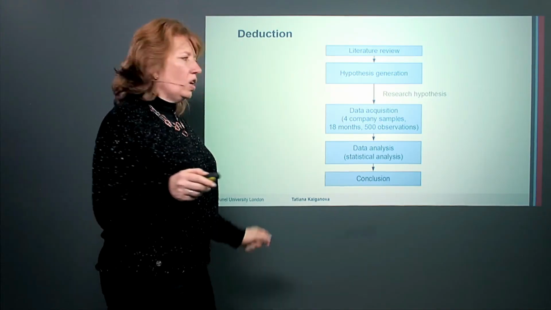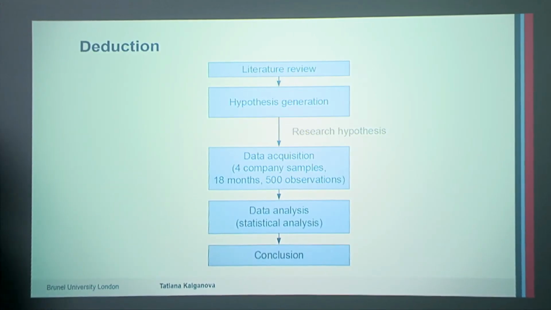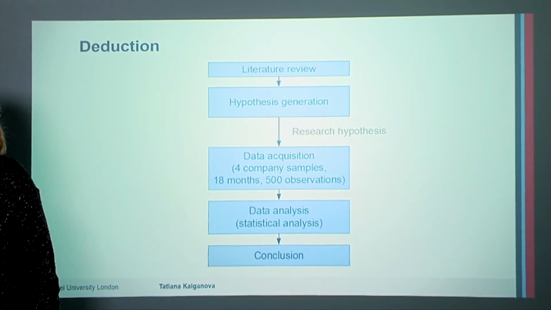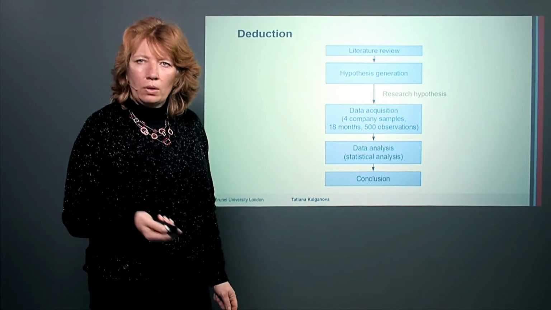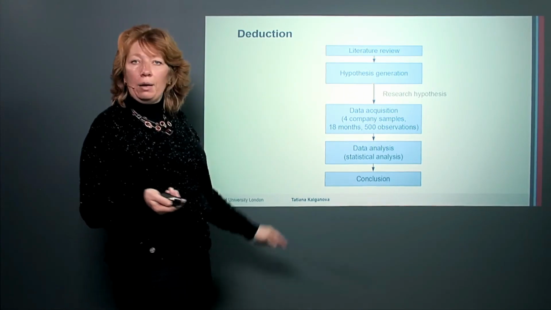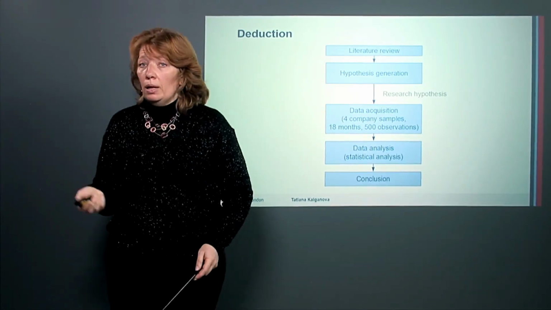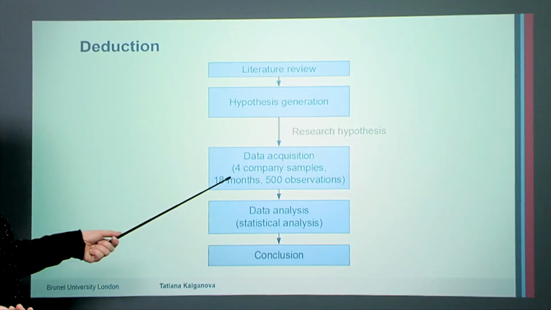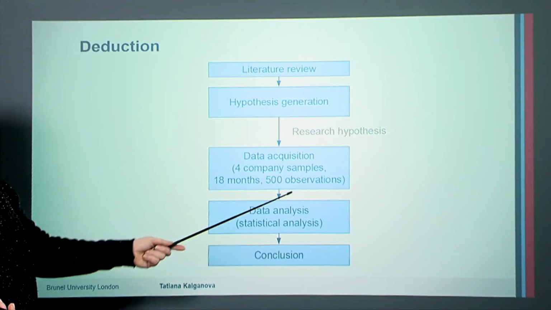Once I've done the generation of the hypothesis, this will be my theoretical foundation to understand how I can answer my particular research question. In order to confirm or reject my hypothesis, I would need to do a data acquisition. For example, data acquisition can include 4 company samples, a duration of 18 months, and 500 observations.